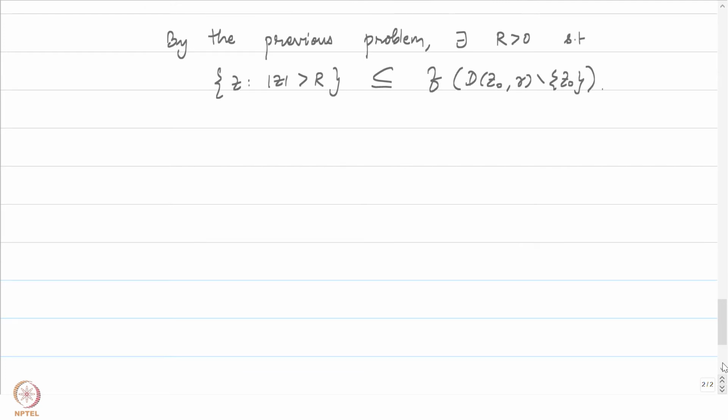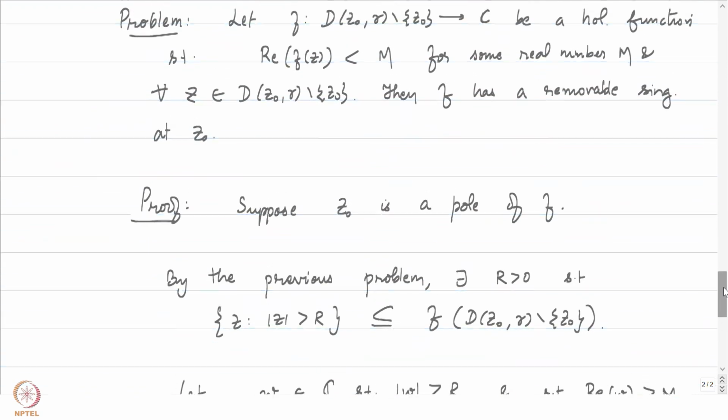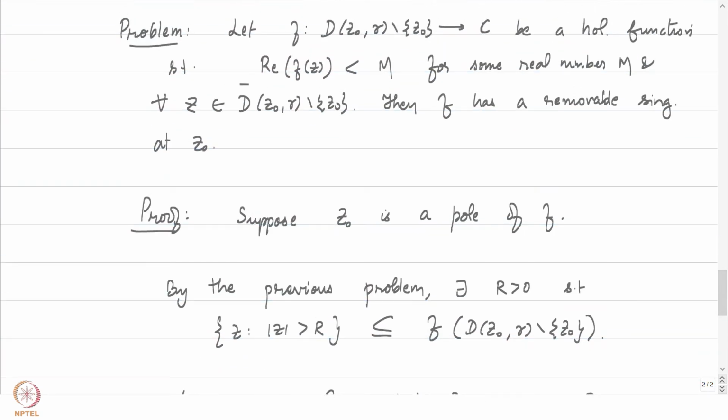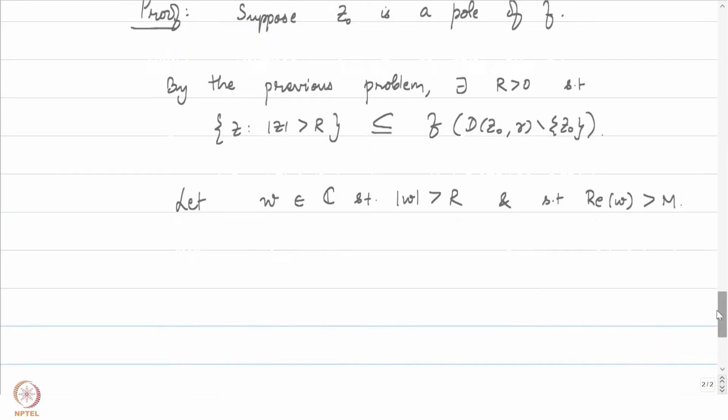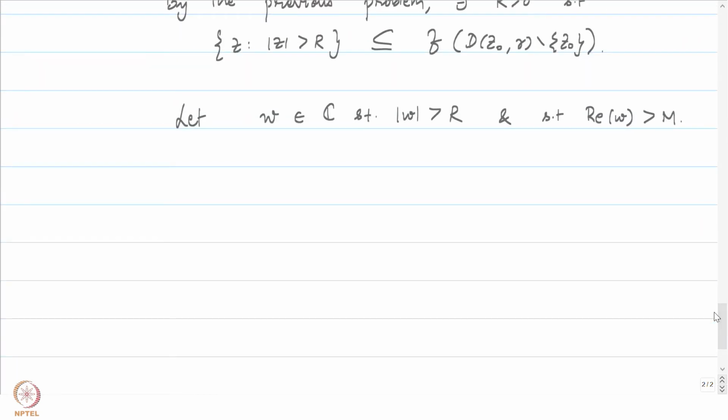Now let's pick some point. Let W be a point in C which has the properties mod W greater than R and such that the real part of W is greater than M. This can certainly be arranged. You can get hold of one W which satisfies the condition which we want here. Now what will happen here? By the condition star, we will be able to get hold of some pre-image of W in D(z0, R) minus z0.